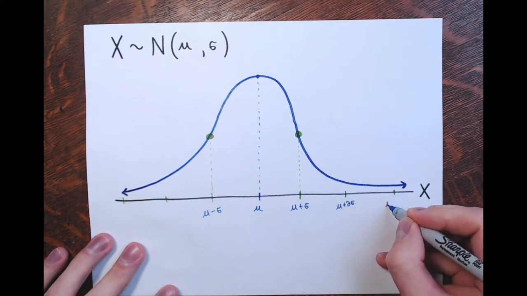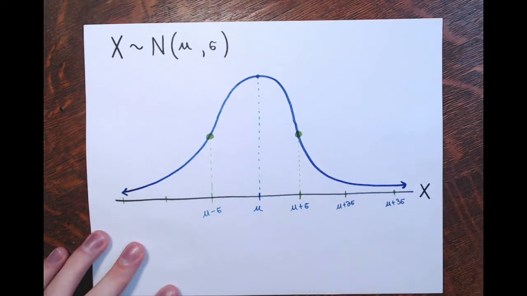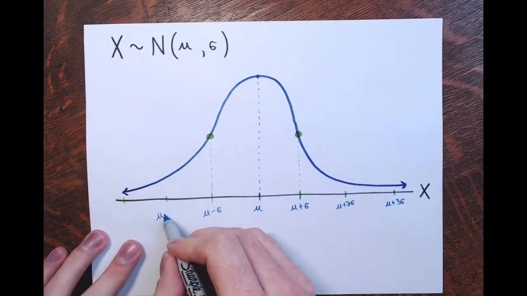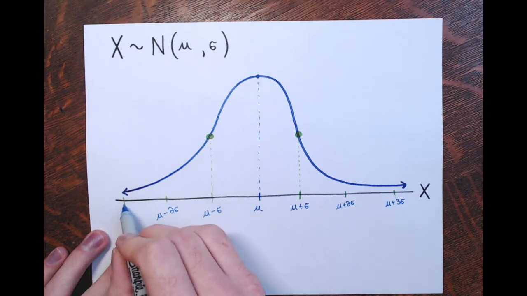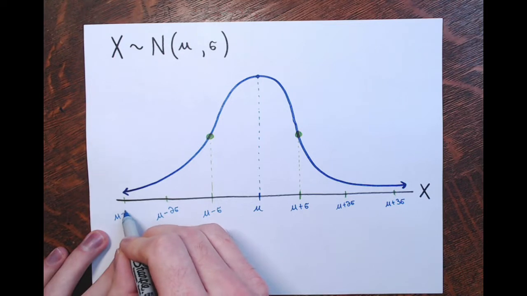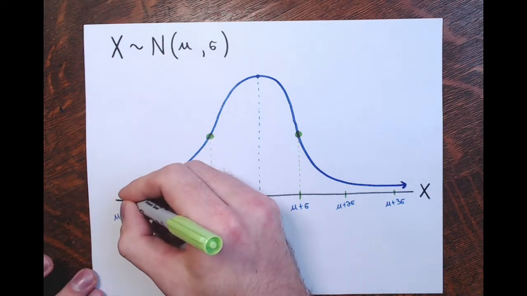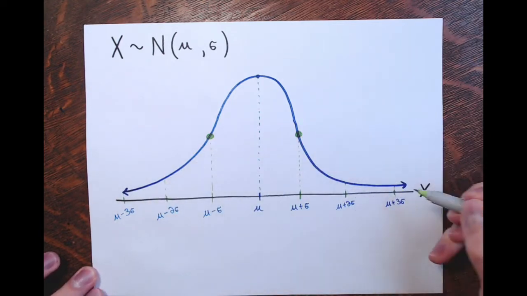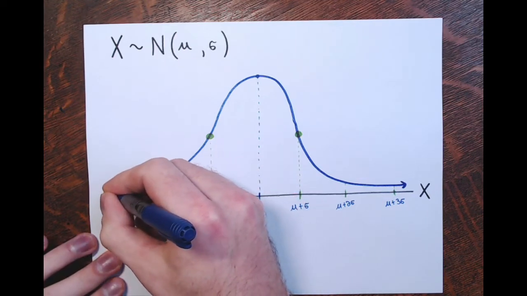This value is 3 standard deviations above the mean, mu plus 3 sigma. Here's 2 standard deviations below the mean, so mu minus 2 sigma. And here's 3 standard deviations below the mean, mu minus 3 sigma. Okay. And this breaks the area under the curve up into some regions. Let me make this a little longer over here.